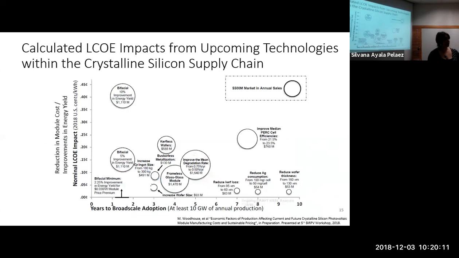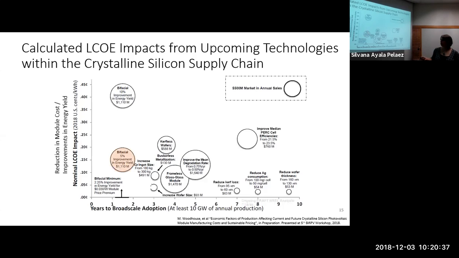Now, is bifacial technology going to help us to do that? It actually is. There are predictions that this is the case. This plot here shows some technologies that people are researching to implement on making silicon. Some are doing kerfless wafers or frameless glass modules. So many different variations of how you make the module, how you make the solar panel.